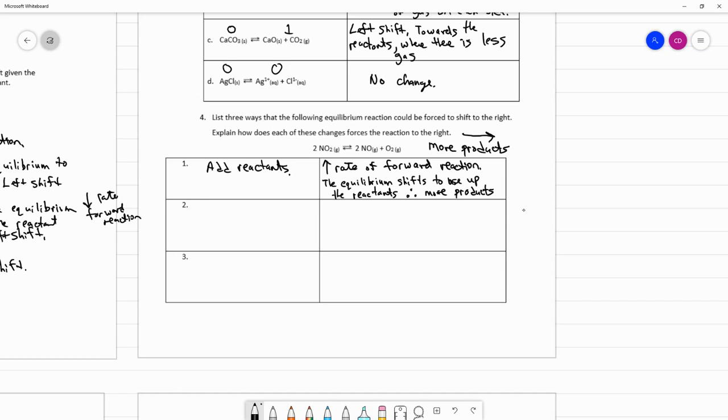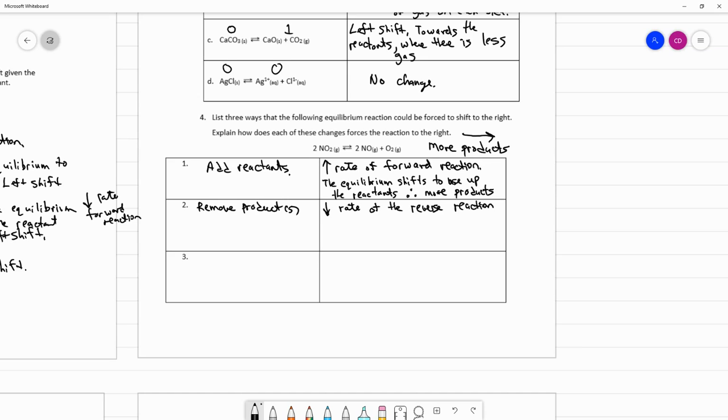Okay, we could remove product. If you remove a product, or products in this case, both of them, one or the other, what that will do is it will decrease the rate of the reverse reaction.